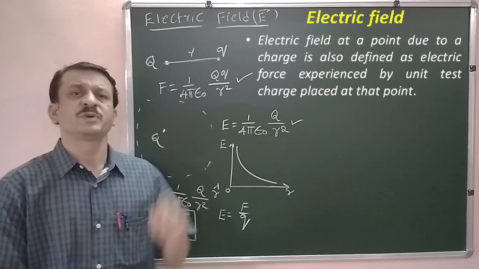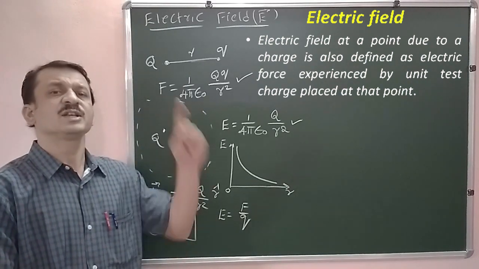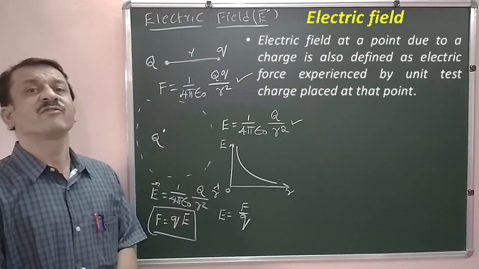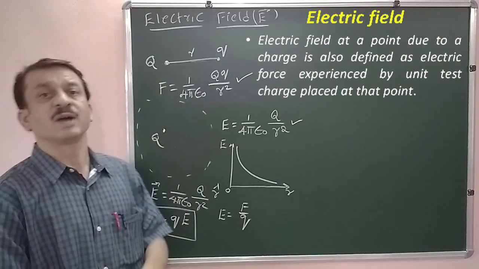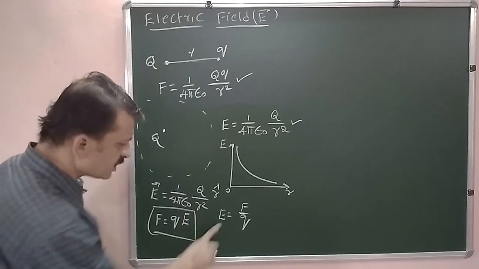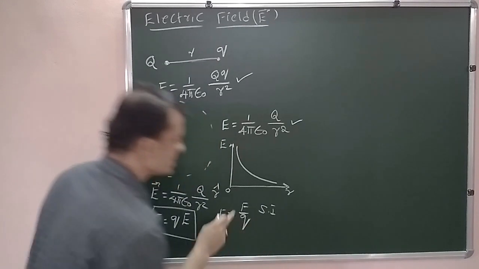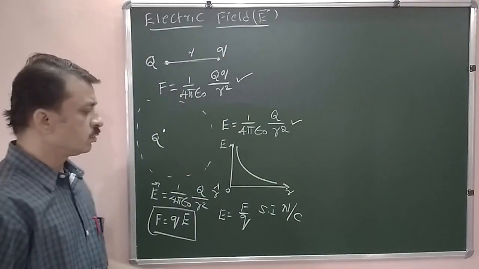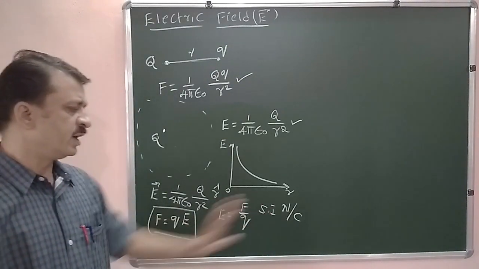The force experienced by a unit positive test charge placed at that point represents the electric field due to charge capital Q at that point. So from this expression, the SI unit of electric field is Newton per coulomb.